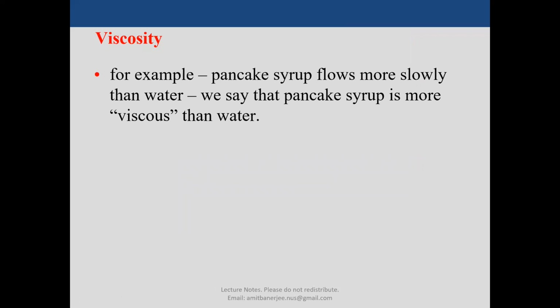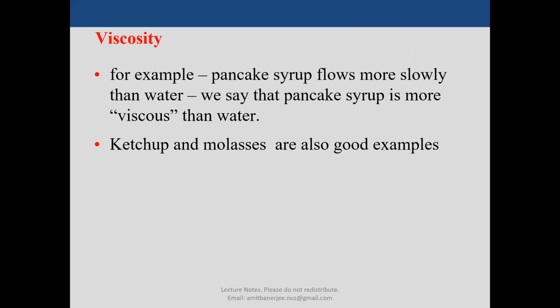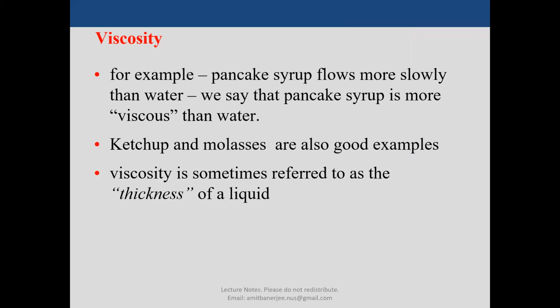For example, if you have a syrup that flows more slowly than water, we say that the syrup is more viscous than water. Ketchup and some others are also examples of viscous liquids. Viscosity is sometimes referred to as the thickness of a liquid.